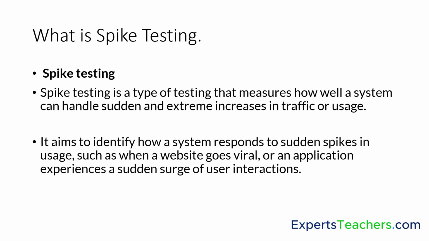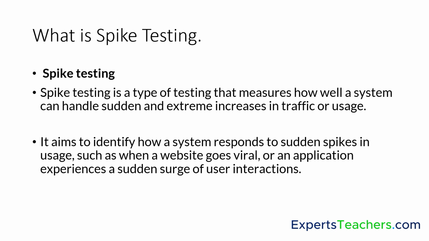Next is spike testing. This is important, and it is based on real life scenarios. Spike testing is a type of testing that measures how well a system can handle sudden and extreme increases in traffic or usage.